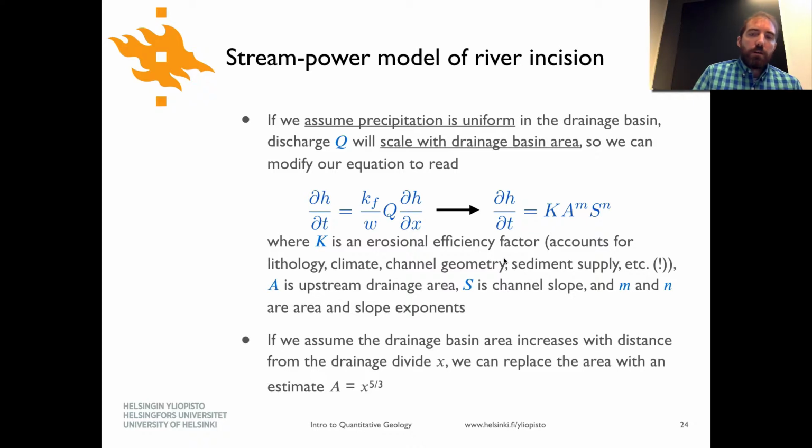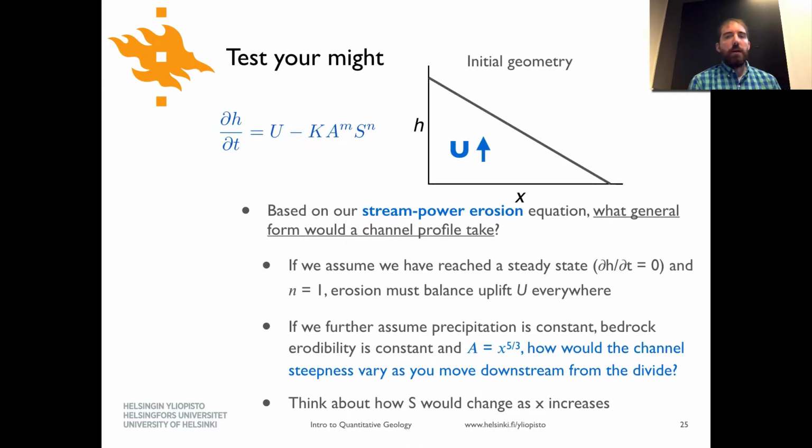So this is our erosion equation, and now you get a chance to test your might, so to speak. If we consider this erosion equation, we're going to use this in the exercise this week, so you get quite familiar with it.